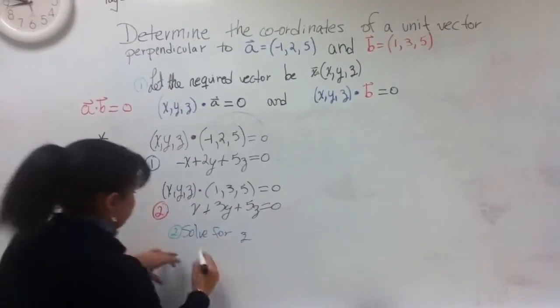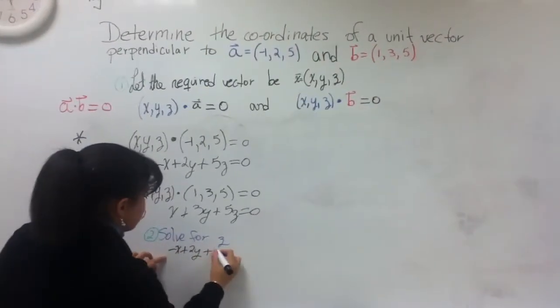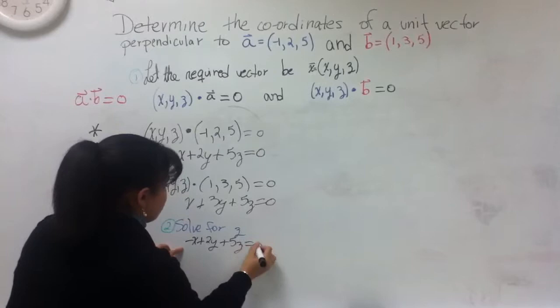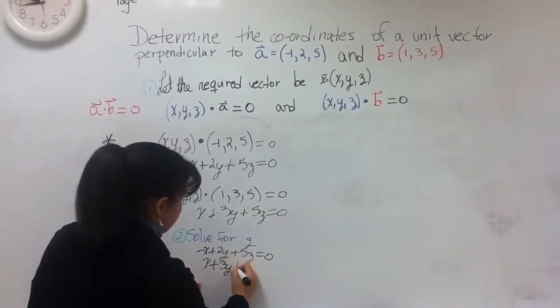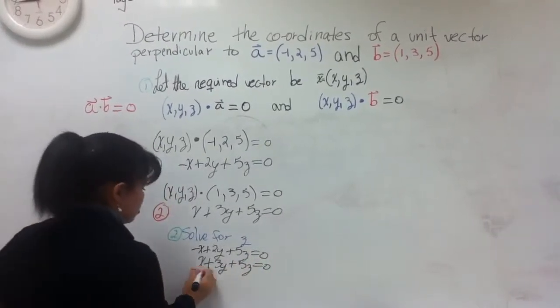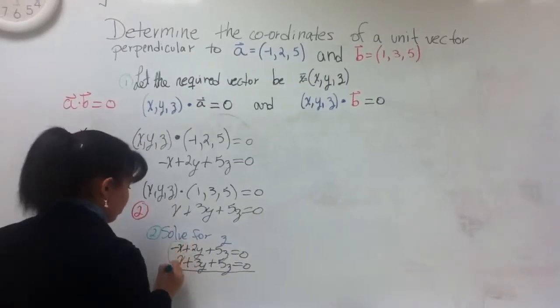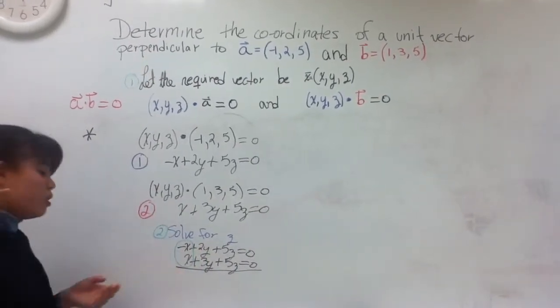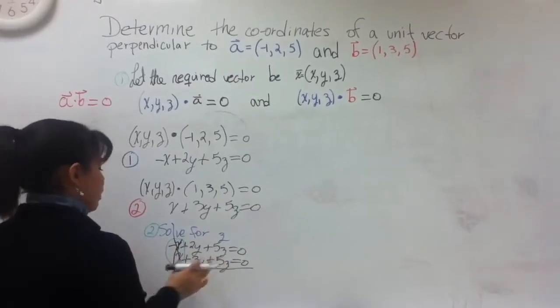So we're going to put -x plus 2y plus 5z equals 0 over x plus 3y plus 5z equals 0. Notice here that we have a lovely -x and x, which means that we can cancel them out without multiplying by anything.